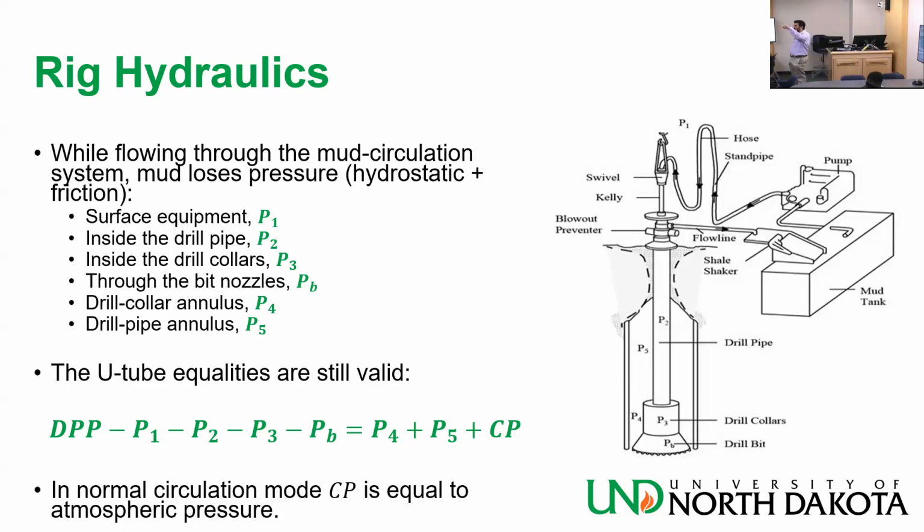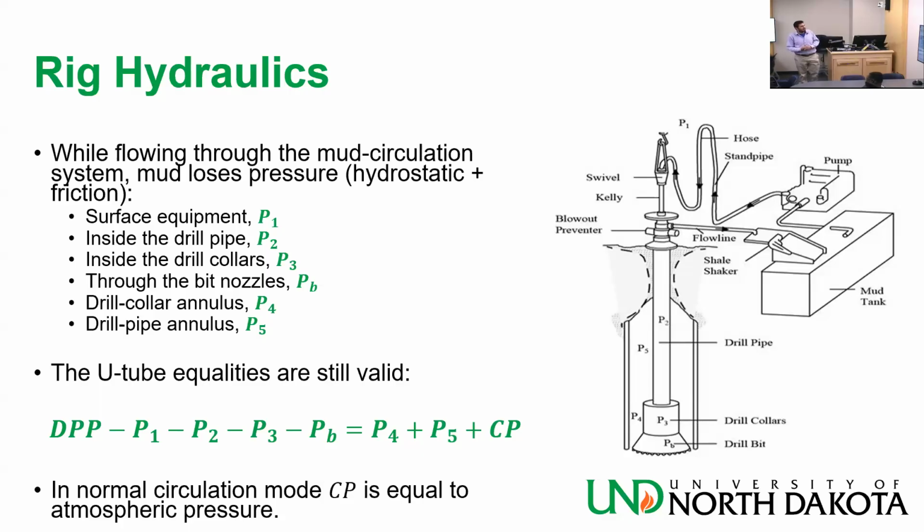Then you go up the standpipe, you make a measurement of the pressure, standpipe pressure, then through the hose, into the swivel, down the Kelly, down the drill string, through the nozzles of the bit, up the annulus, on the way out, and atmospheric pressure through the flow line.